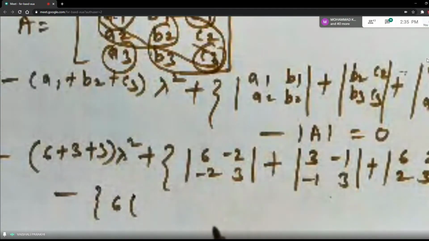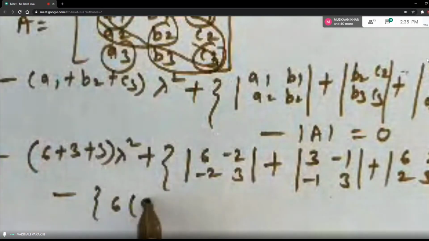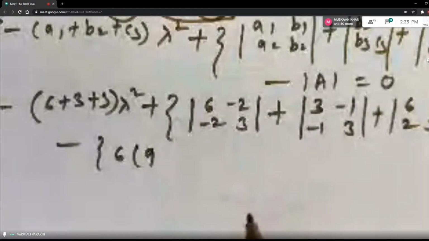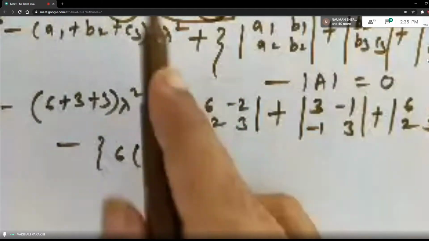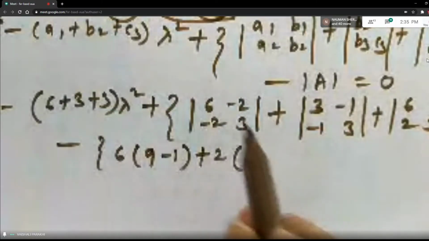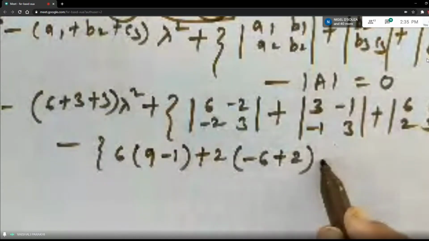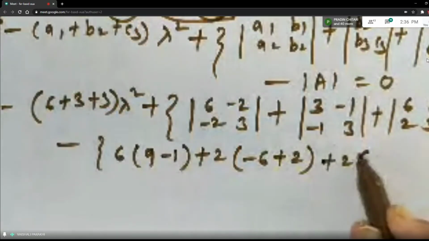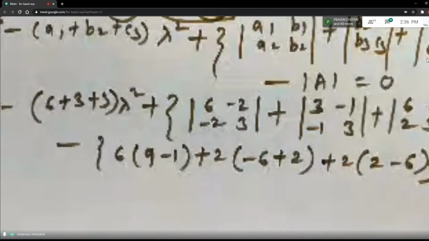Okay, keep the determinant in front of you. 6 into cross multiplication, 3 3s are 9 minus 1. Middle sign is opposite, so plus 2. 2 3s are 6. Minus minus plus 2. And then plus 2 into 2 minus 3 to the 6. This is the determinant value. And the right hand side of the equation is 0.